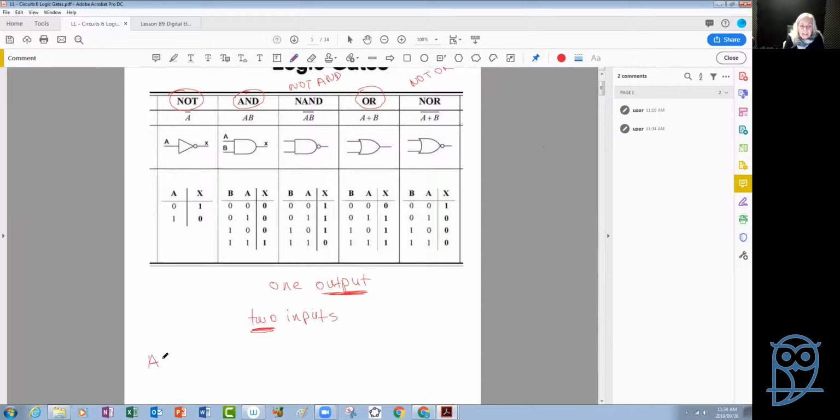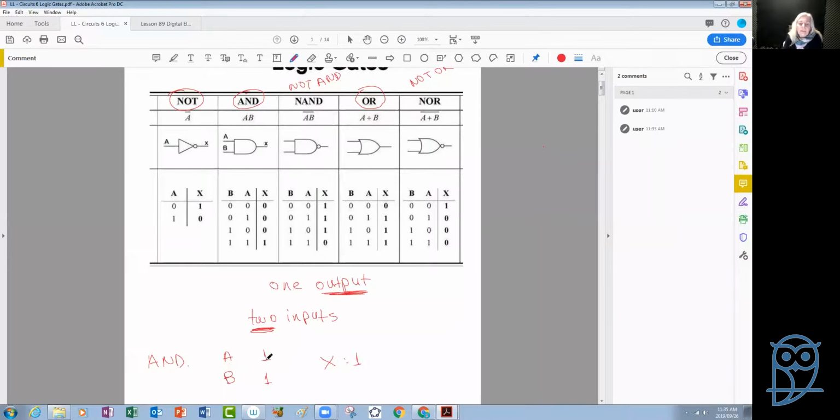So for the AND gate, both inputs, let's call them A and B, if both of them send the signal 1, which corresponds to the high signal, the on or the true state, the logic 1, the output, which here is X, but usually we represent it by Q, will also be 1.